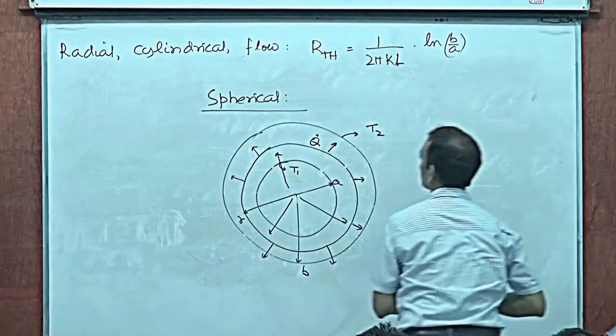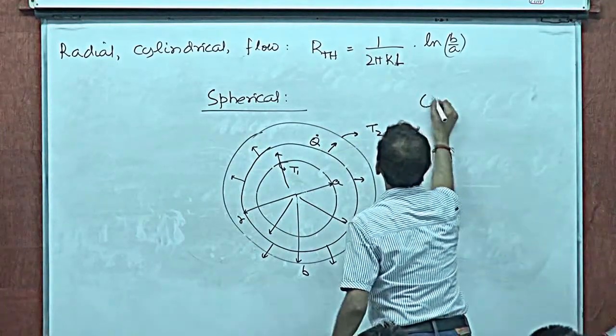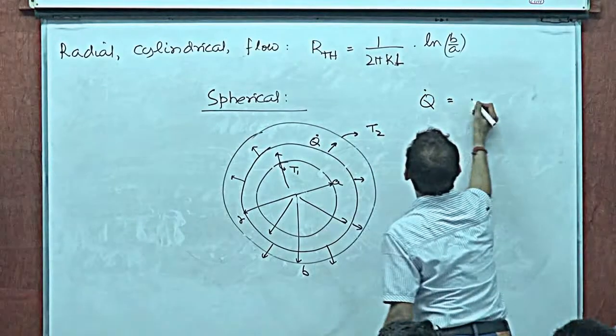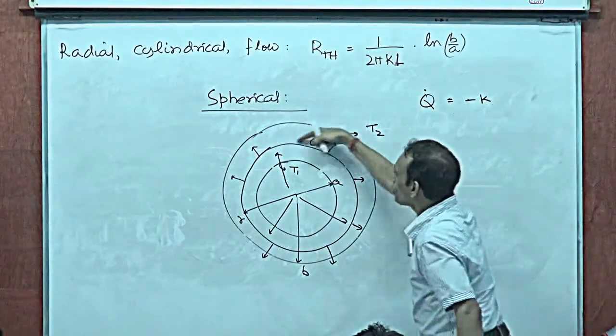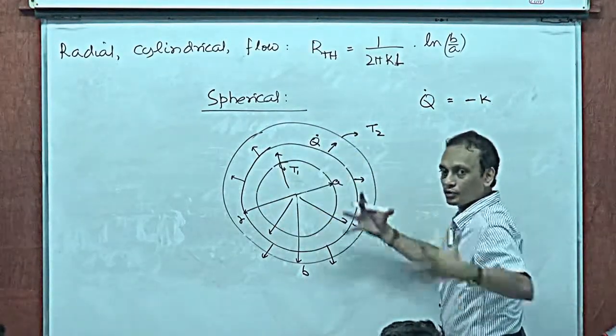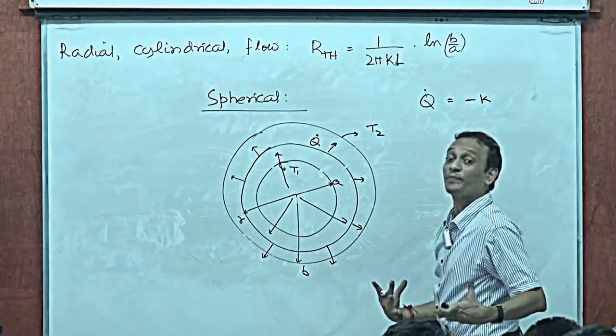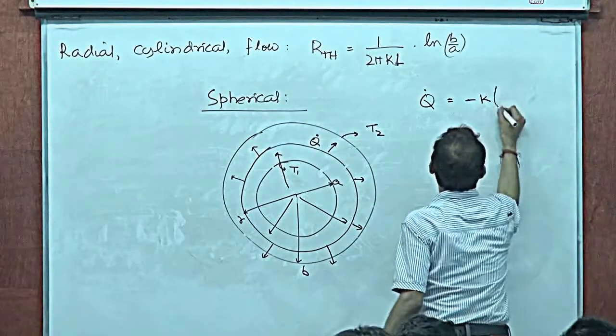Then can I say that Q dot would be minus K. What would be the area through which it's going to be flowing? 4 pi r square.